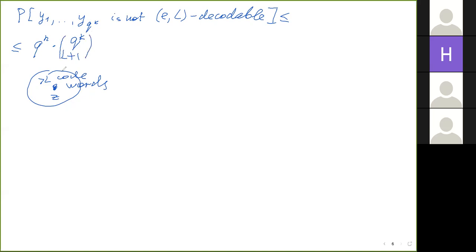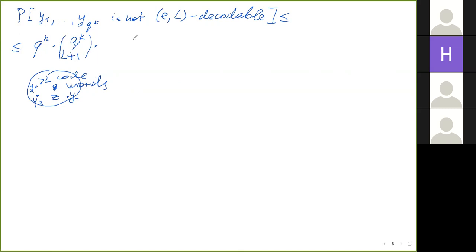So q to the n is the number of ways to choose z, and this is the number of ways to choose these L+1 code words, y1, y2. Actually, they are numbers. And now we need to multiply this by the probability that indeed all those code words fall into that ball.